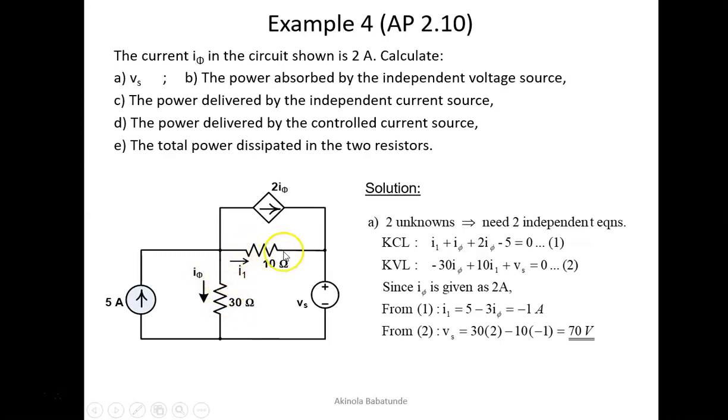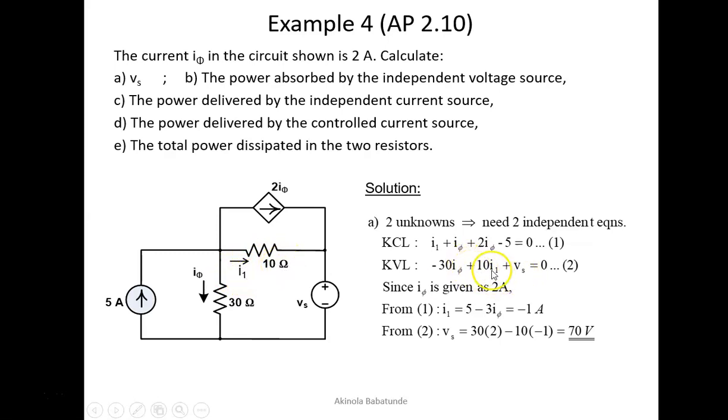And then we continue with the 10 ohms resistance. What you will find here is that the flow of our path is in the same direction with the flow of current through the 10 ohms resistance. So that simply means this voltage is going to be positive. So we have I is I1 and then R is 10 ohms.